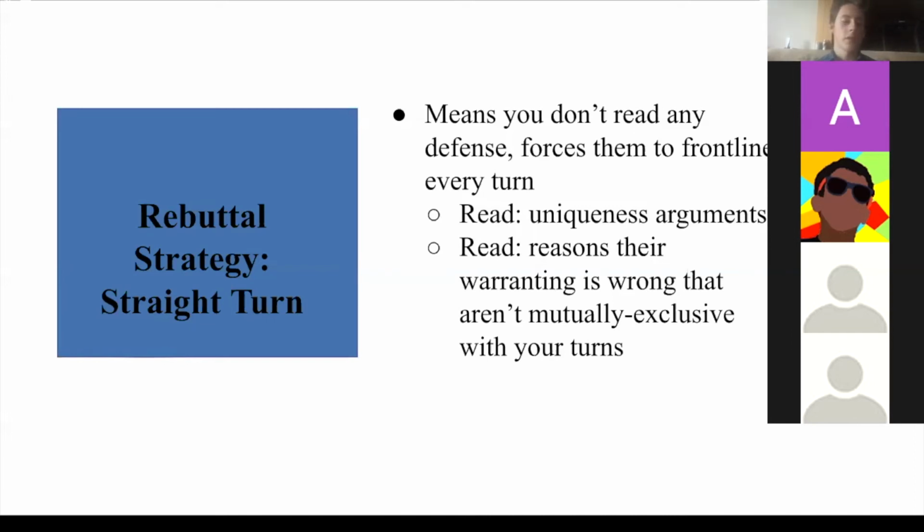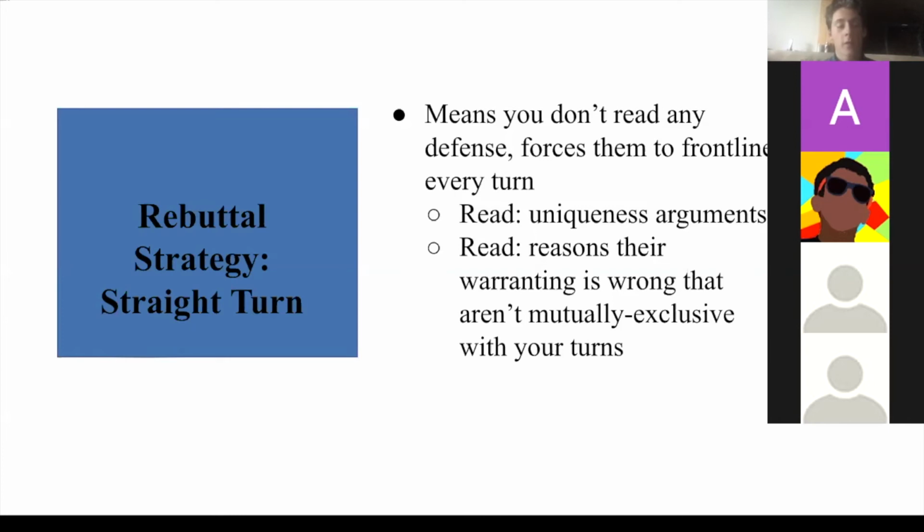The piece of defense was actually just criticizing their warrant. The criticism was not mutually exclusive with our turn, and so we were just like, yeah, that proves our point. So yeah, don't think that you can concede things like uniqueness responses to get out of straight turns.